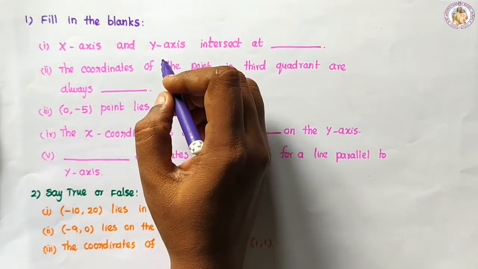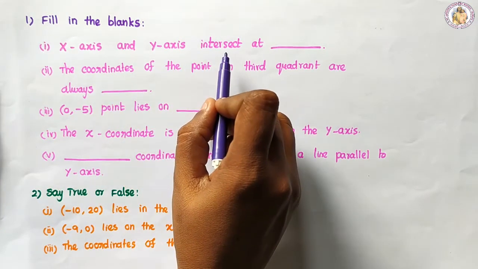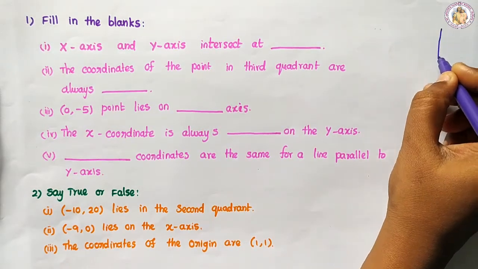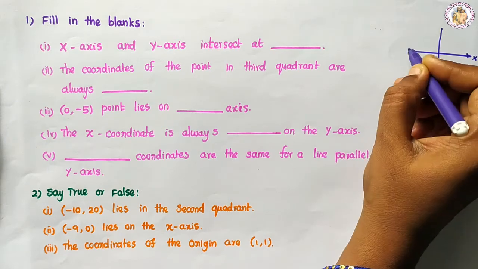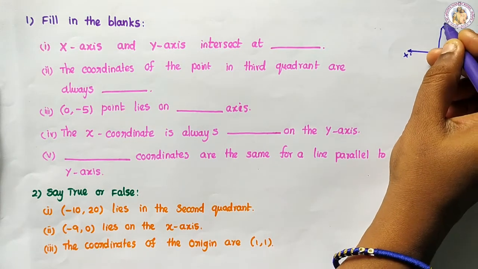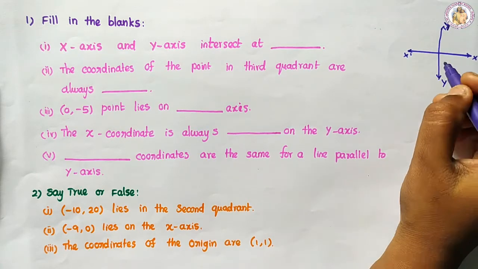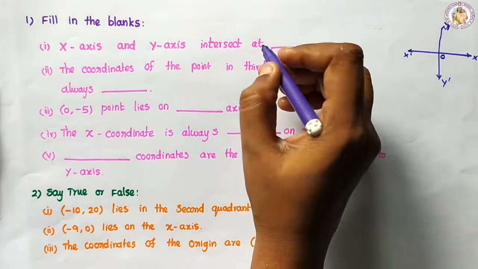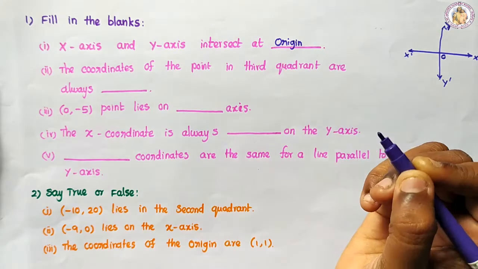First question, fill in the blanks. The x-axis and y-axis intersect at which point? This is the x-axis, they intersect at the origin, so origin is the answer.